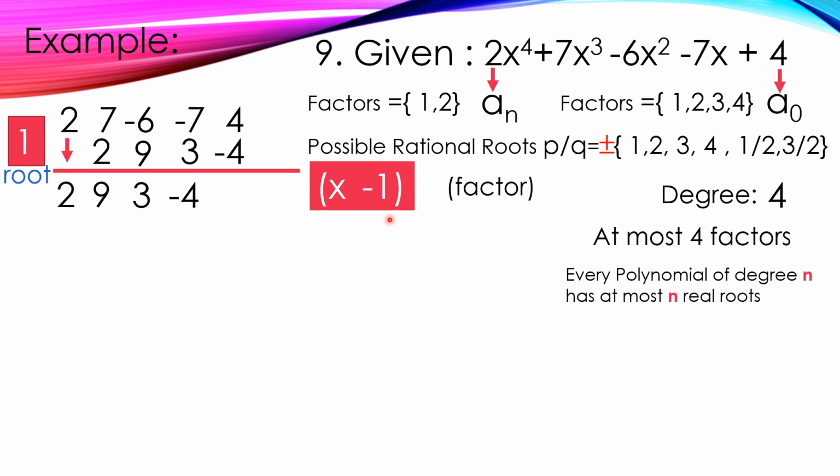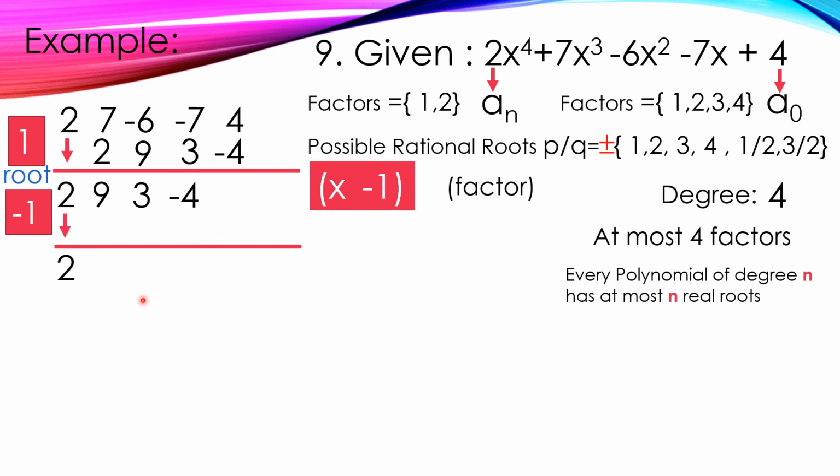Then, continue getting the root and the factor of the given polynomial using the 4 remaining numbers on the bottom row. So let us take negative 1. Take note that this number is coming from the set of possible rational roots.